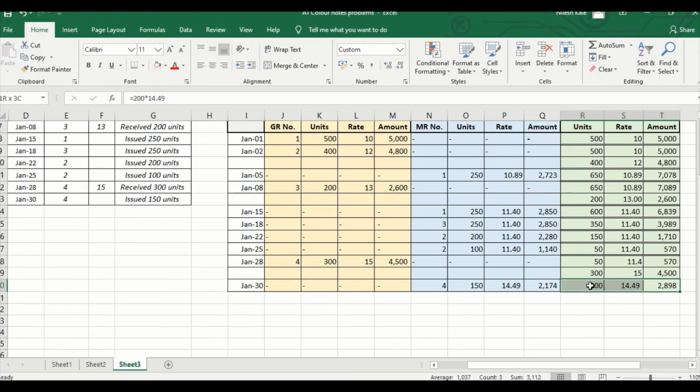So when you write in the examination, you have to clearly show that value as on Jan 30 is equal to 200 units. Do not write price, just write 2,898. Done. So this is the balance that you are left with as on the last date.